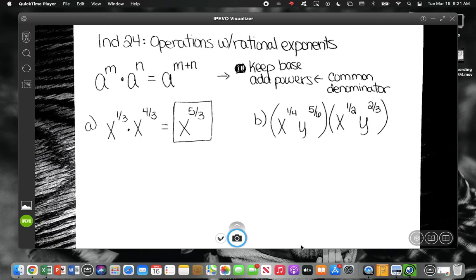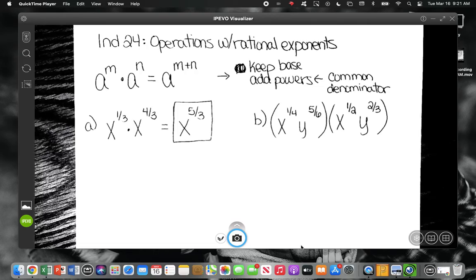All right. We have x to the 1/4 power, y to the 5/6, and we're going to multiply that by x to the 1/2 and y to the 2/3 power. First, can we put together x's and y's? No. But can we multiply a base of x by another base of x?